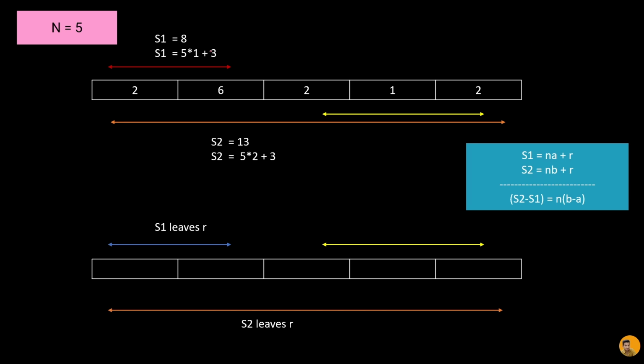Here also the remainder is 3, here also the remainder is 3. That means this left out portion is definitely going to be divisible by n, and that's the whole logic which we need to see.